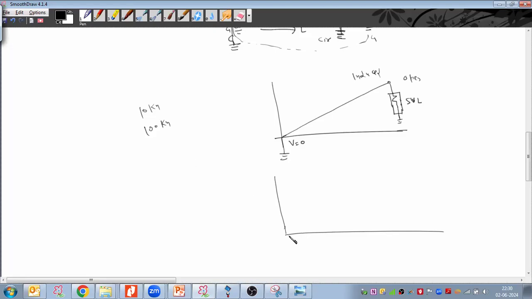Suppose this is my distance of the cable: 1, 2, 3, 4, 5, 6, up to 10, and similarly up to 100 kilometer. Here we have the induced voltage, and here we have the 0.